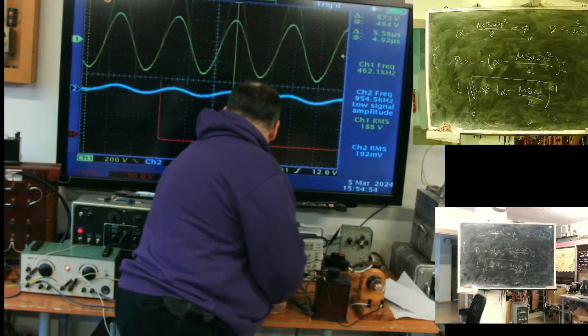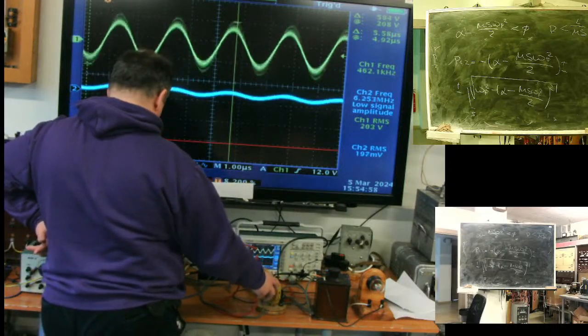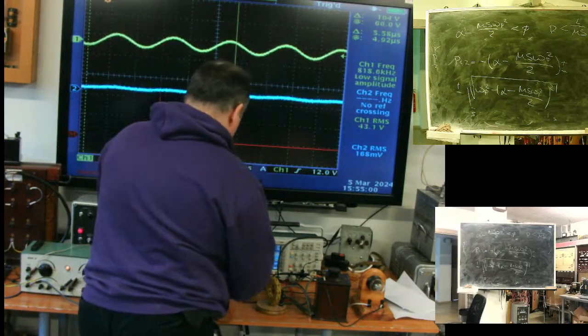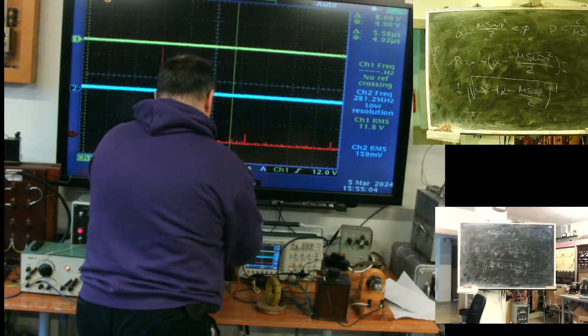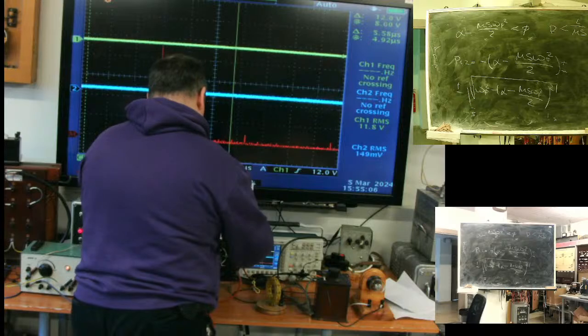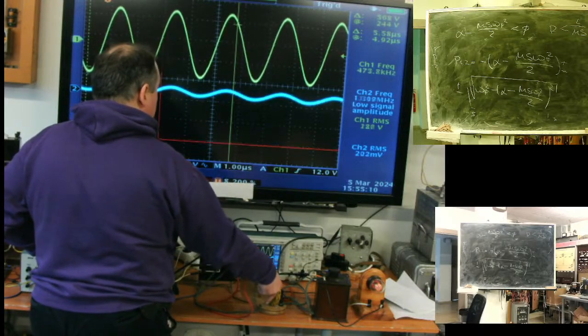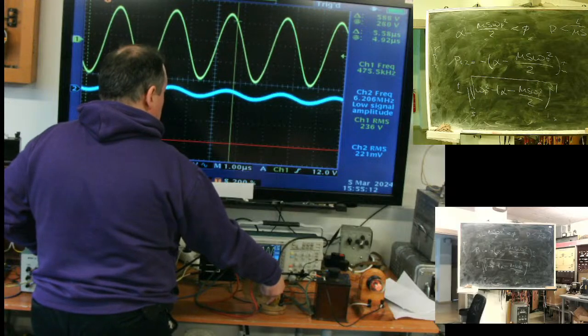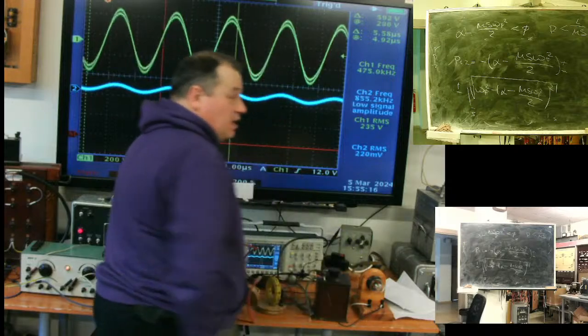Without a limiter, 200 volts amplitude. Actually, if I disconnect this wire, without this limiter, I put a limiter.